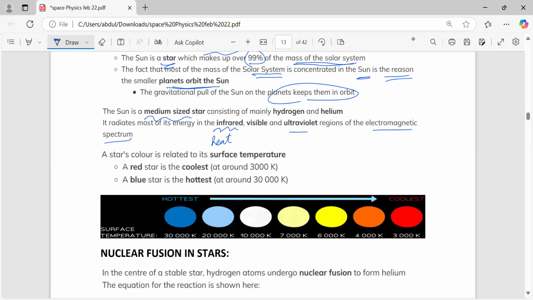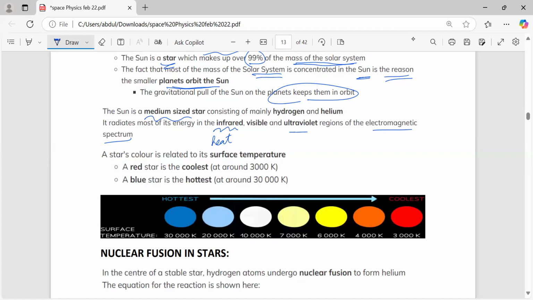Remember, if there is a question in the exam that says name the electromagnetic radiation which the earth is receiving from the sun, then the answer will be visible light, which we know very well, infrared, which means thermal energy being transferred, and ultraviolet, which we cannot see or feel in general.